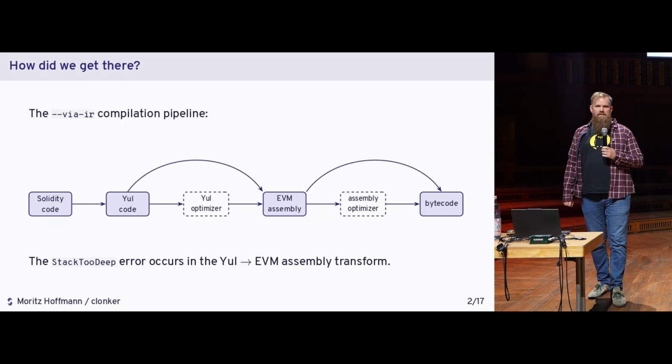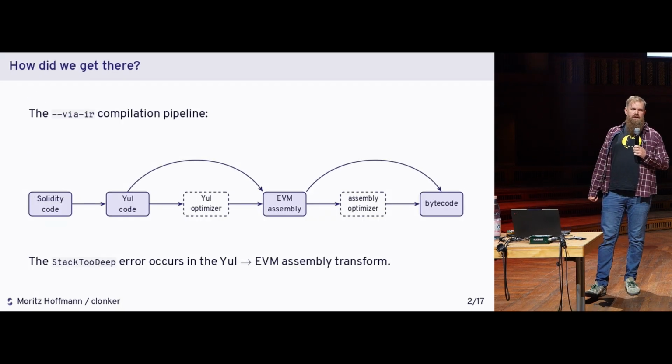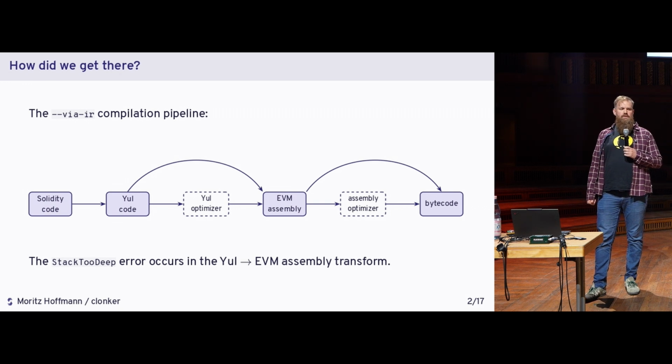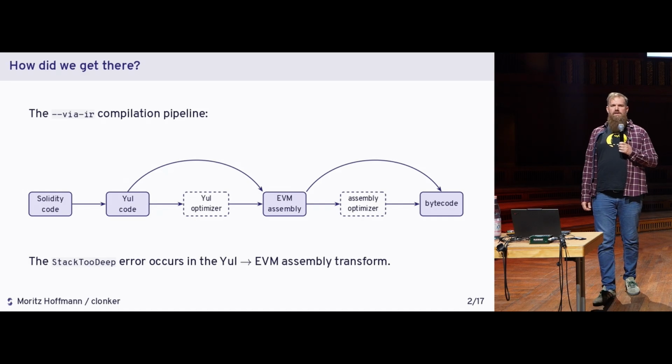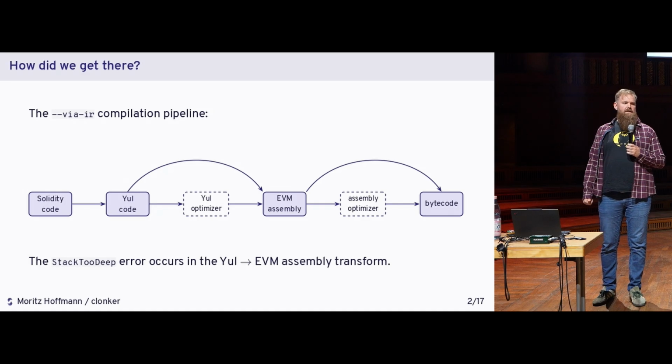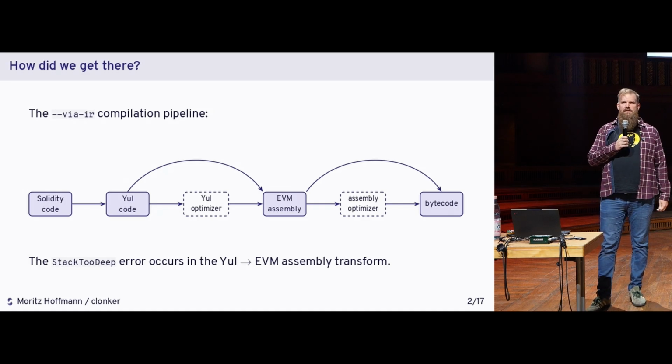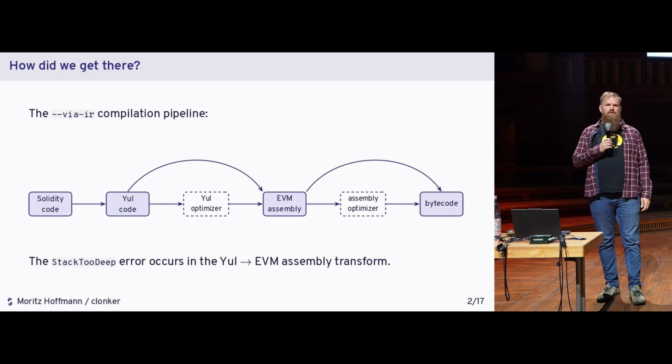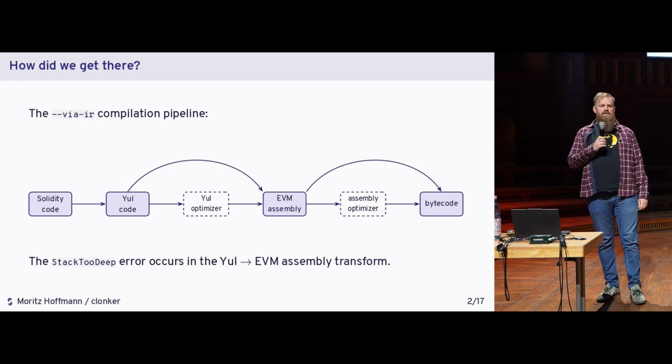So what happens if we do --via-IR, or if we go through Yul? We have at the left-hand side Solidity code, which some of you may be familiar with, and then the Solidity code is through a translation layer transformed into Yul. So that is this intermediate language between EVM assembly and Solidity.